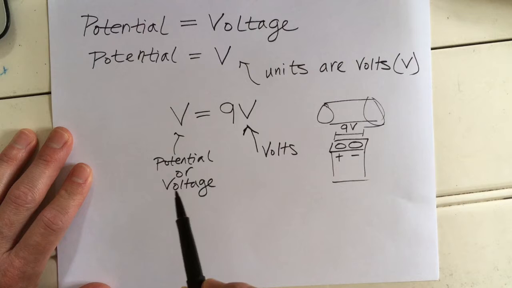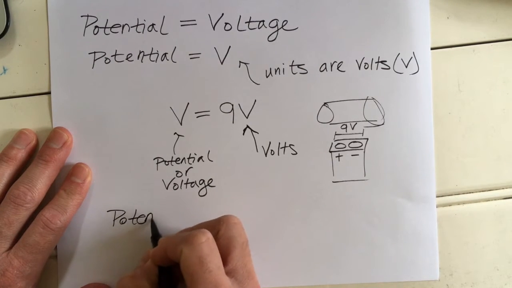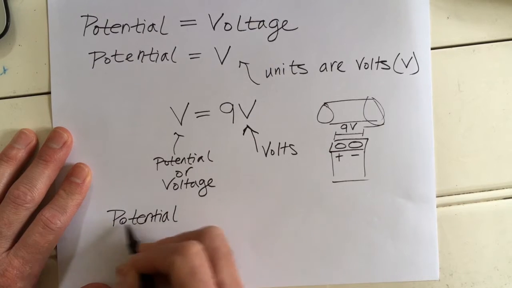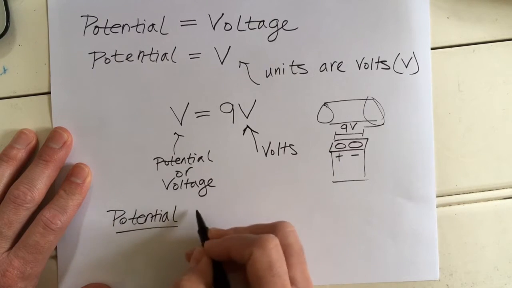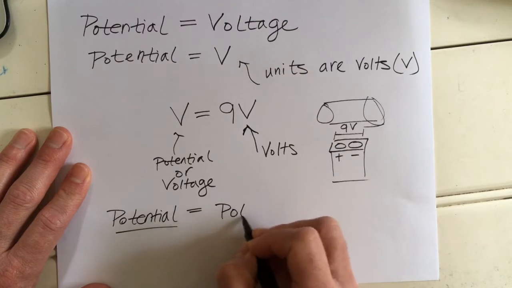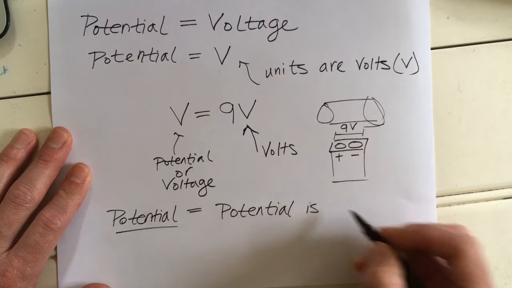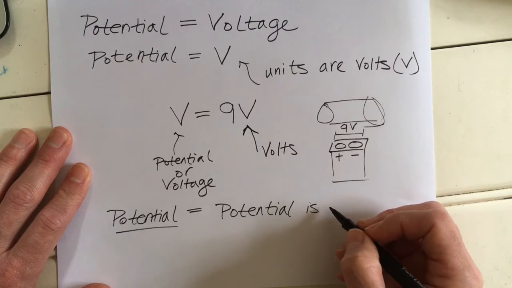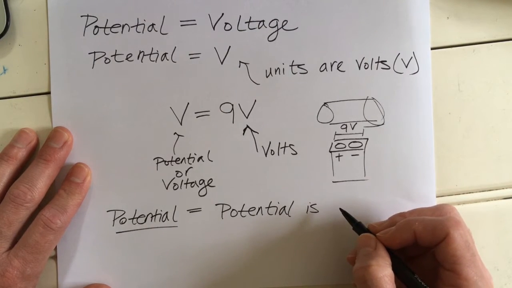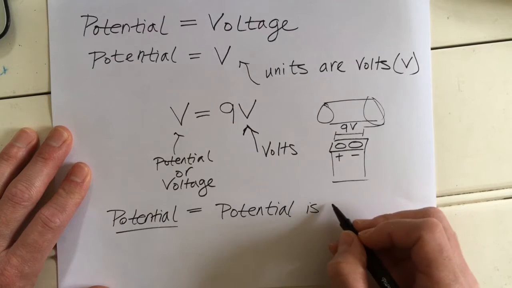So coming back to this, let me write a definition for potential here, because this is a complicated idea. I'll write this in a way that's kind of complicated too. Potential is the potential to create electric potential energy.